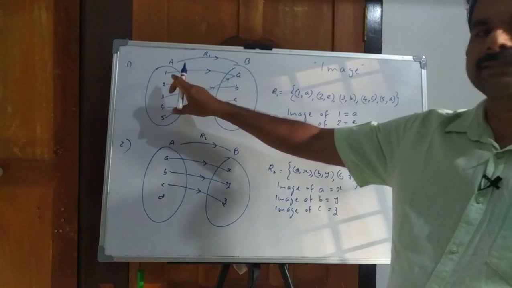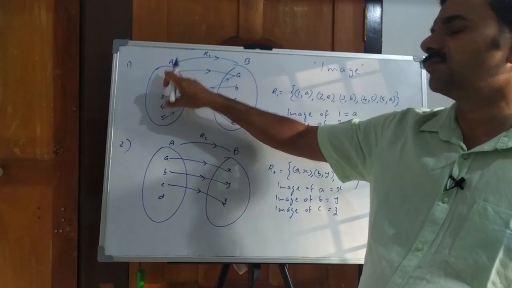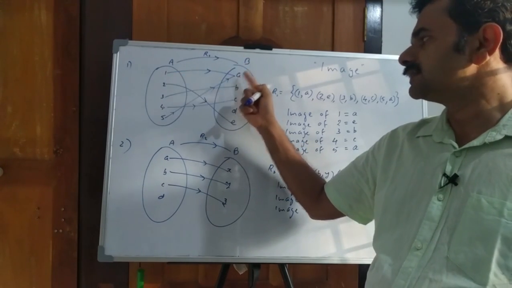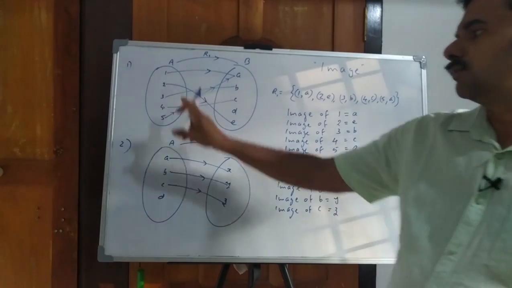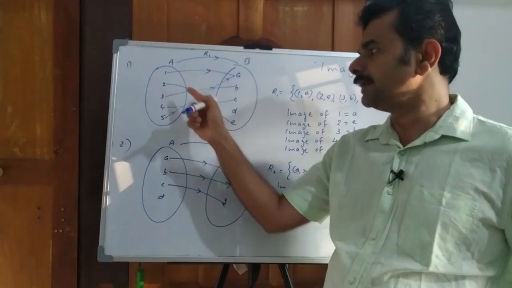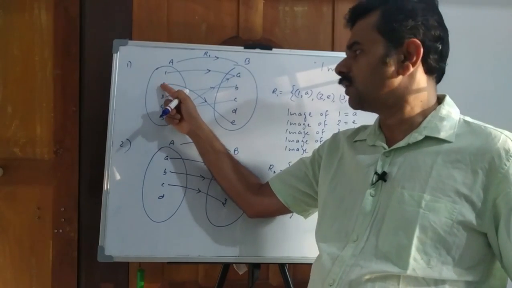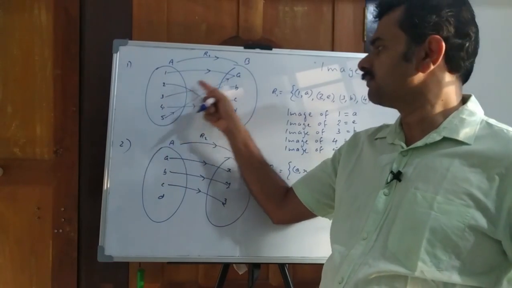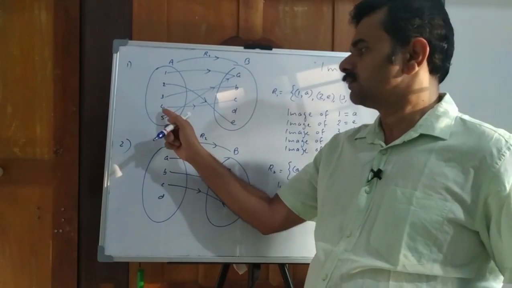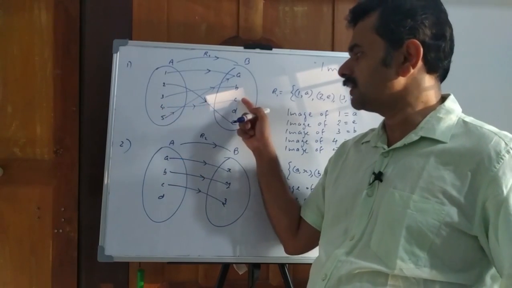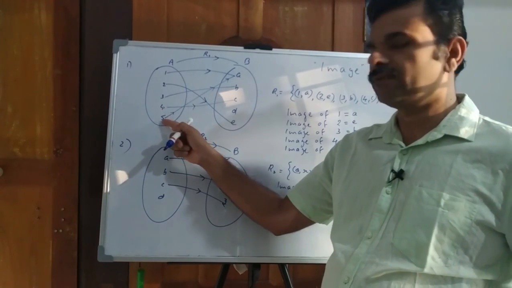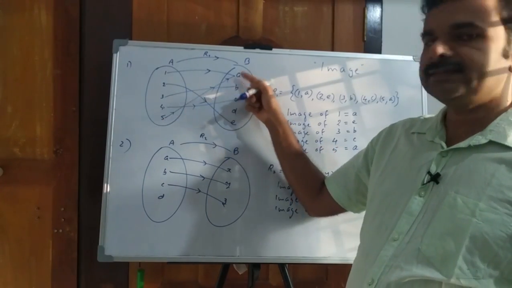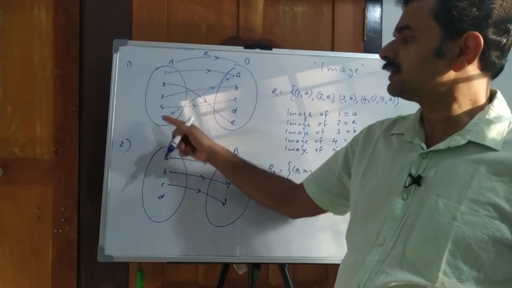How many images are there for the element 1? For this element 1, there is only one image, that is A. For element 2, only one image, that is E. For element 3, there is only one image, that is B. For element 4, only one image, that is C. For 5, there is only one image, that is A. A is the image for both 1 and 5.